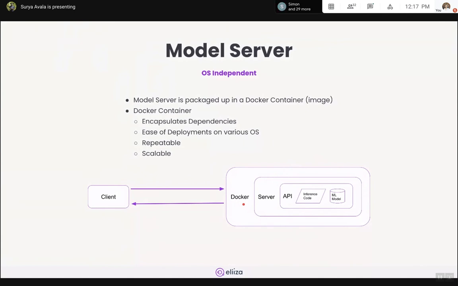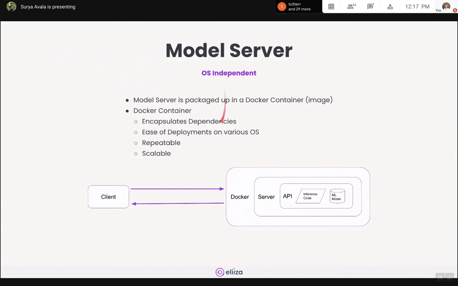For those of you who haven't heard of Docker, you could think of it as a package where we package up everything that's required for our software application to run into a container, and then we would deploy that somewhere, and it would run without having to depend on other external dependencies.